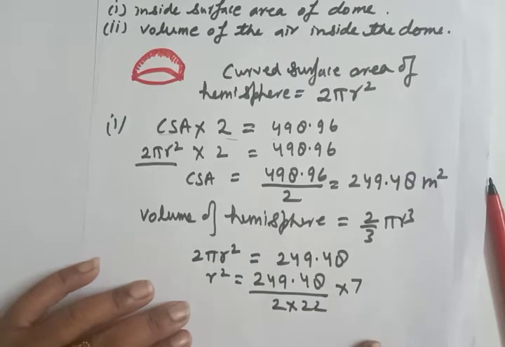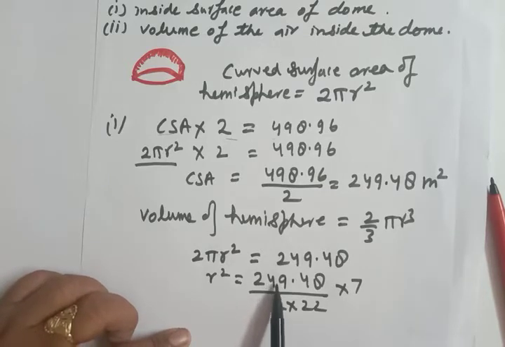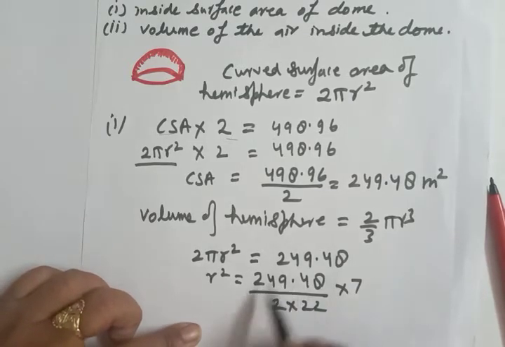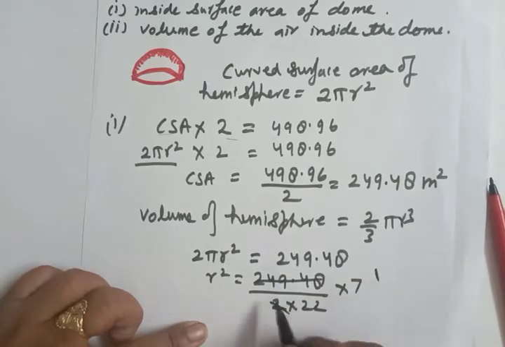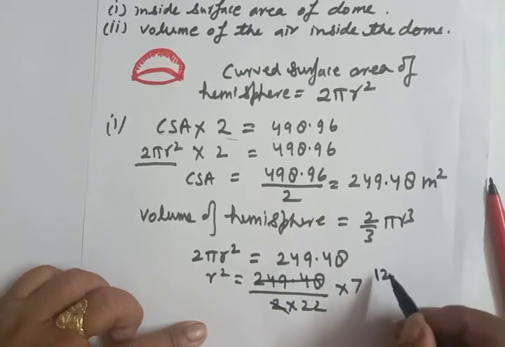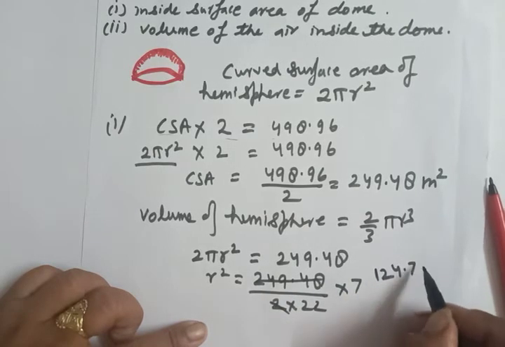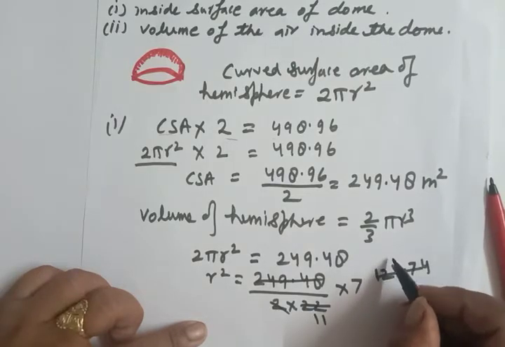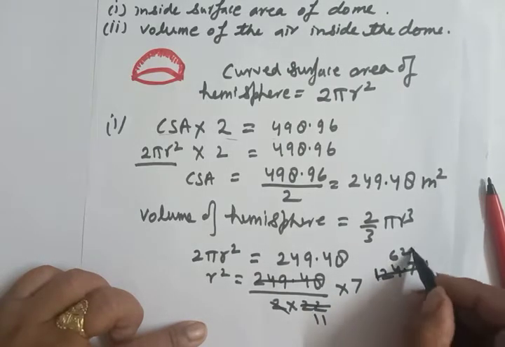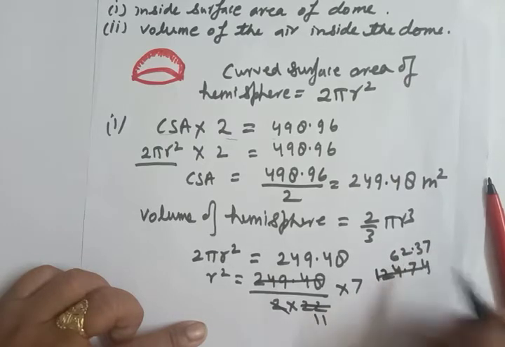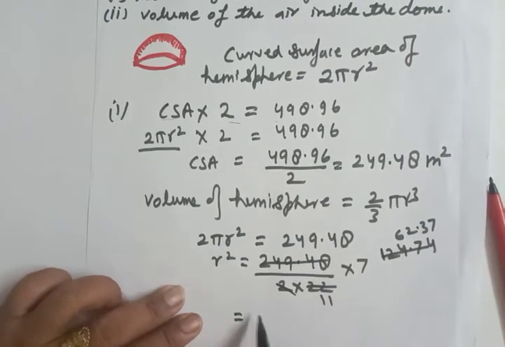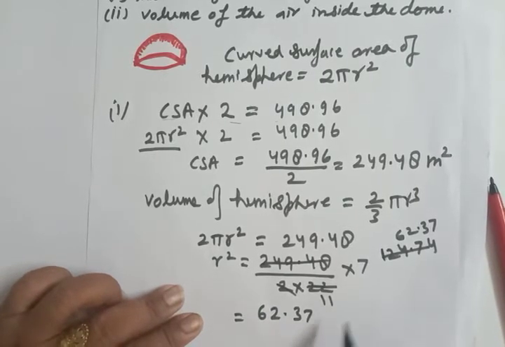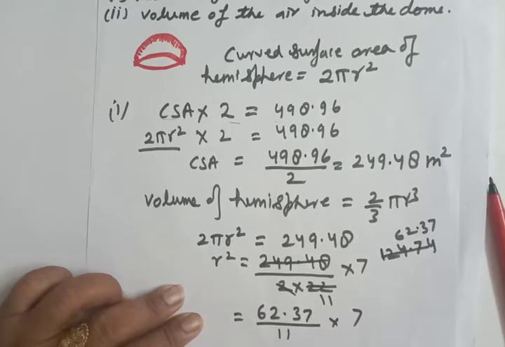Now we need to solve this. After multiplying and dividing, what we can see here is 62.37 upon 11 into 7.